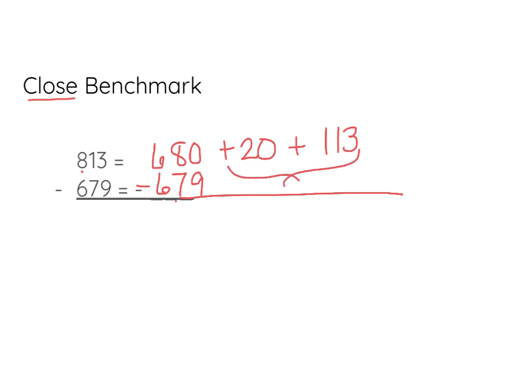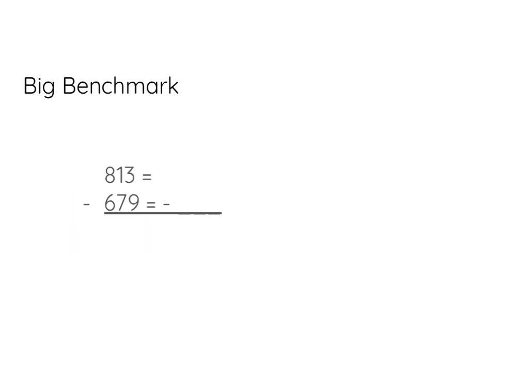I add all that and I get 133. Well, 680 minus 679 is 1. 133 plus 1 equals 134. Great job.